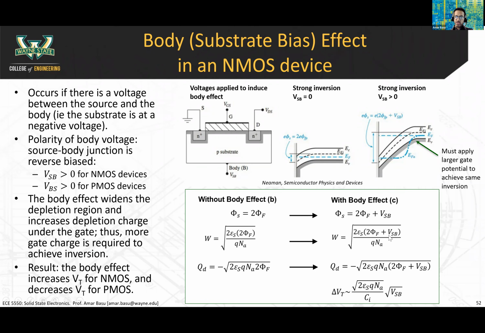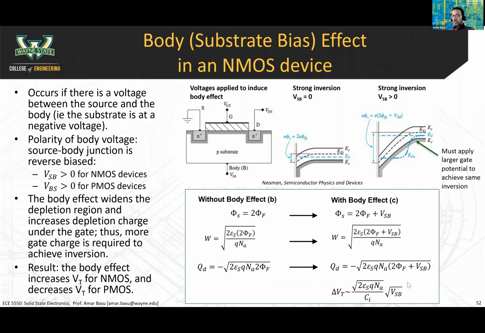So this additional source to body voltage increases the width of the depletion region. And because you have an increased width, of course, the amount of depletion charge is also going to increase. This 2 phi F term also goes to 2 phi F plus VSB.